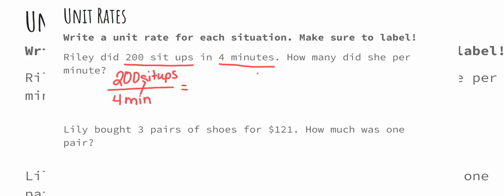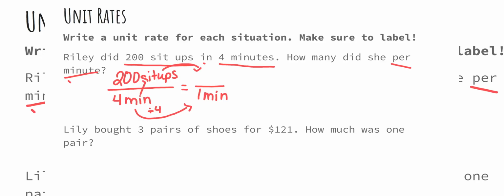Now, we want to find out how many she did per minute. So that means we want to get this down to 1 minute, and we're creating an equivalent ratio that tells us this. So I know that in order to get from 4 to 1, I am dividing 4 by 4. What I do to the bottom, I have to do to the top. So that means we are going to be dividing 200 divided by 4.